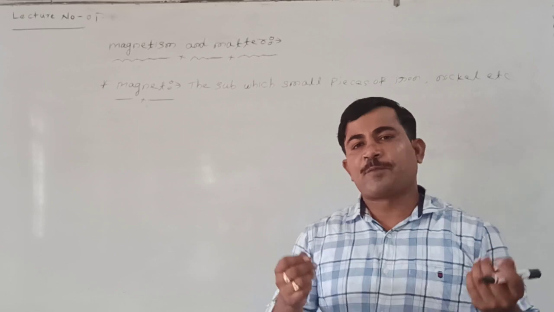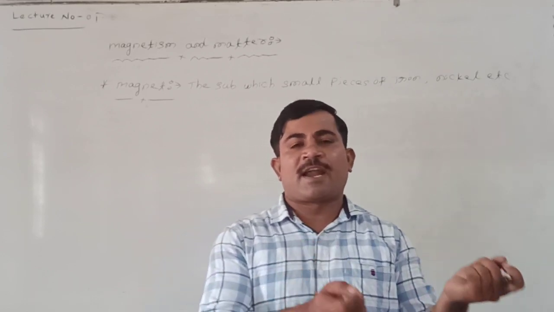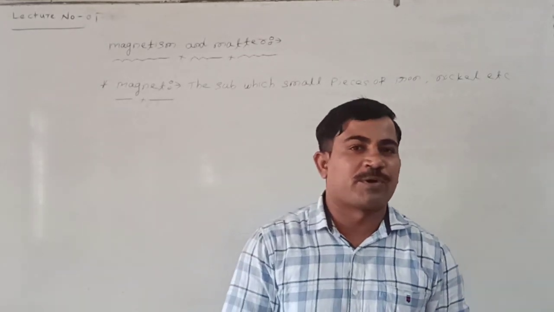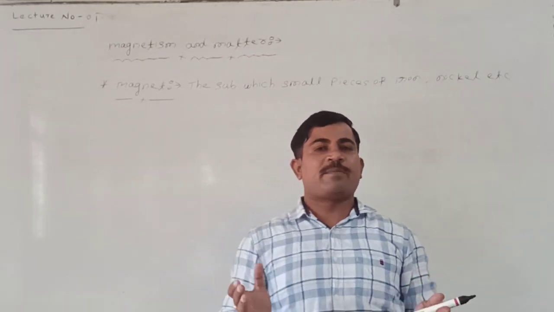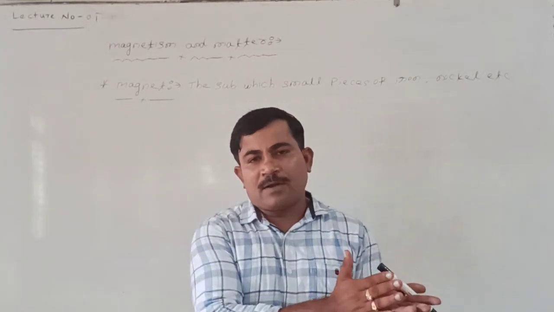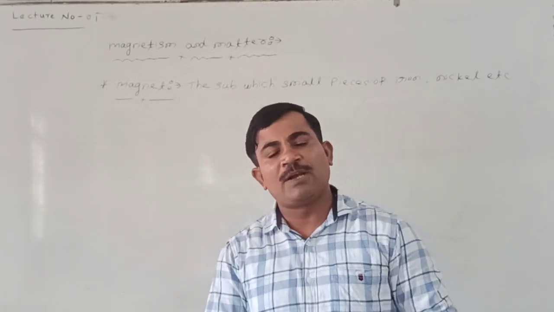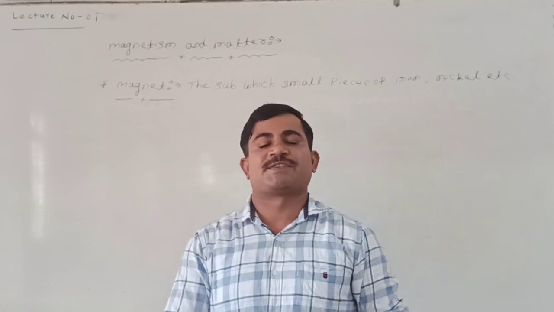And the property of the magnet which attracts small pieces of iron, nickel, cobalt, etc. we call magnetism. Magnetism means the property of matter which attracts small pieces of iron, nickel, cobalt.